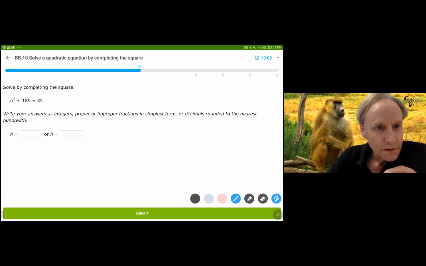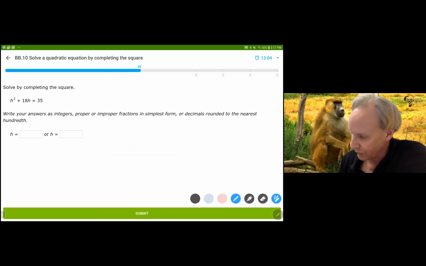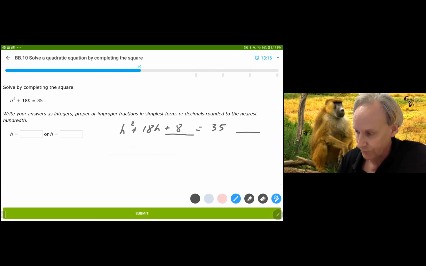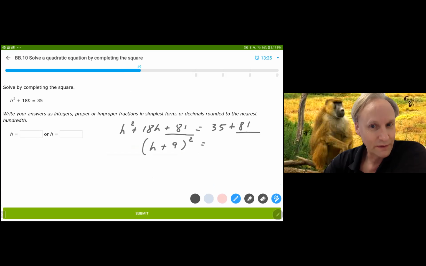Okay. This time we're going to add 81 to both sides. You want to leave that little space in there so that you can add the 81. Hopefully you can recognize that I did h plus 9. Don't forget to add the 81 to the other side too, okay?